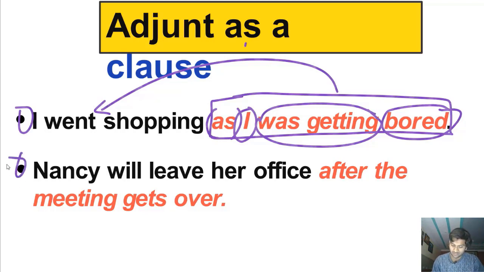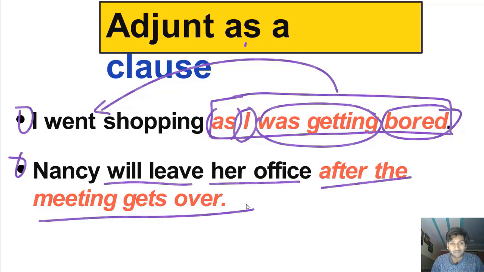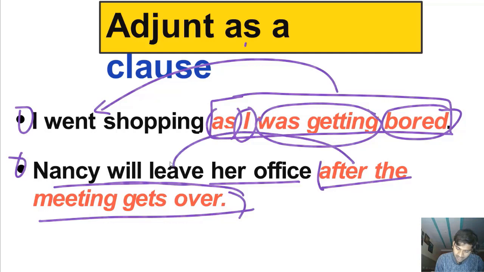Nancy will leave her office after the meeting gets over. Nancy will leave her what? Her office. When? After the meeting gets over. So after the meeting gets over is a dependent clause, adverb clause modifying the verb leave. Nancy will leave her office. Ask time.